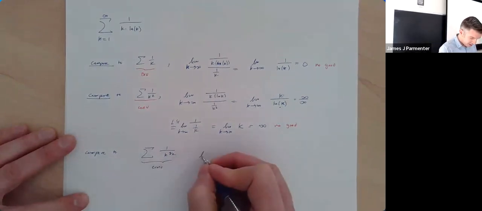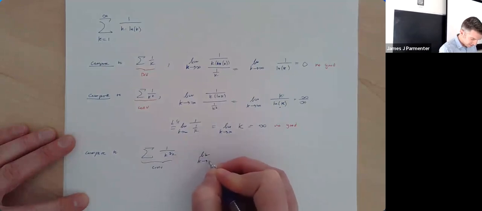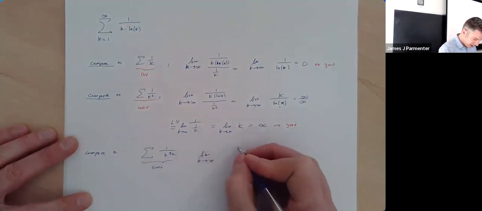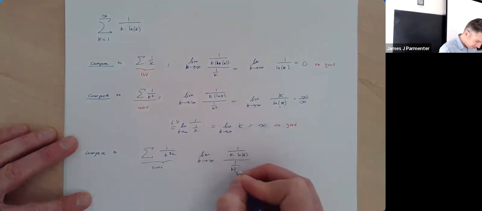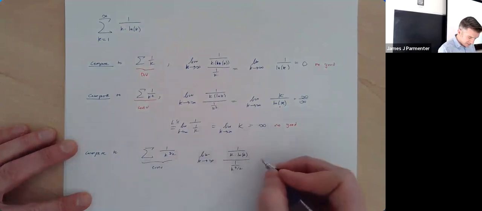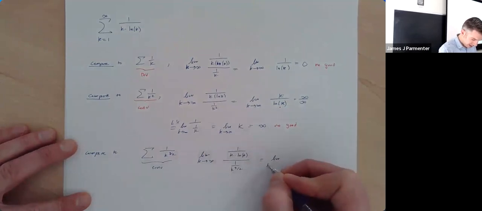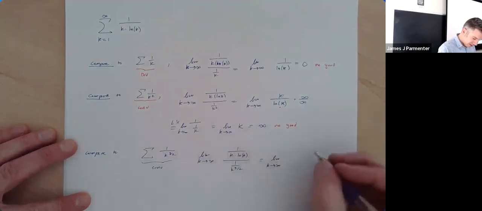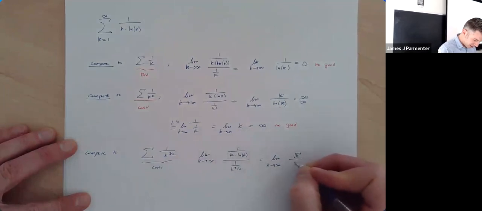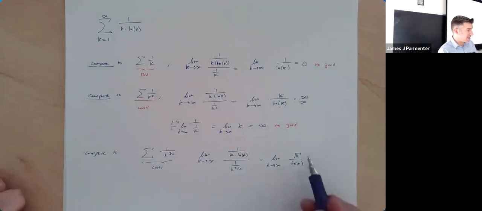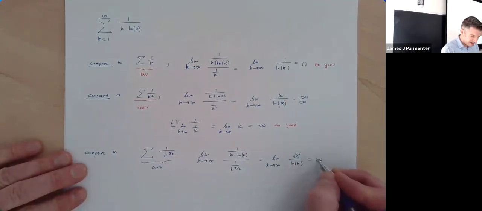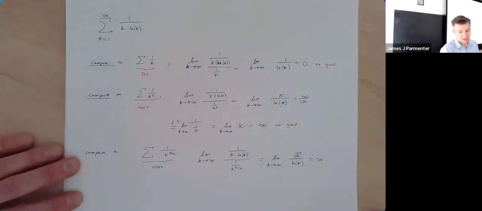If we do that, we have the limit as k goes to infinity of the unknown 1 over k times the natural log of k over the known, which then, if we simplify, becomes the limit as k goes to infinity of the square root of k over the natural log of k. And before we said that any root of k is bigger than the natural log, which means this is going to go to infinity, which is still no help.